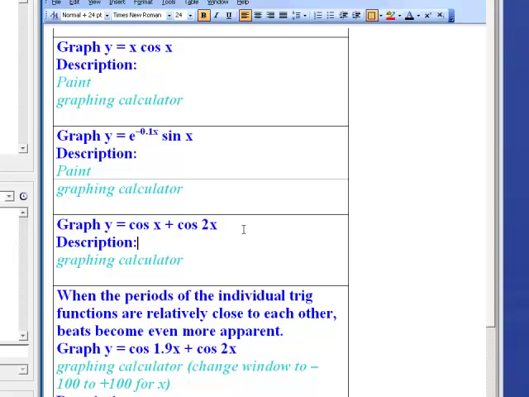Okay, this one here says y equals cosine x plus cosine 2x. How is that going to look like? Notice that I left out my paint, so I'm not even going to try it. In fact, because I'm already 20 minutes in, I will have a second part of this lecture, and this will be the first problem that we're going to look at. So I'll see you in a moment.